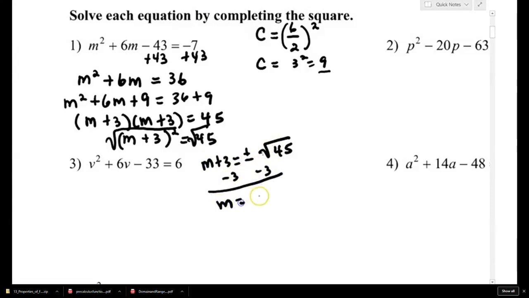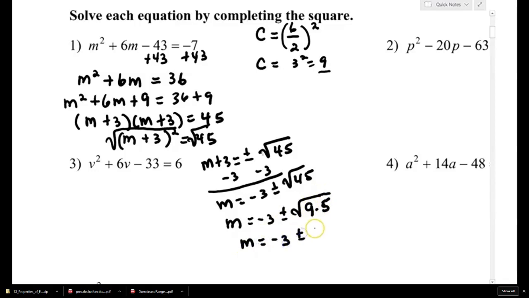So m is equal to negative 3 plus or minus square root of 45. Square root of 45 can be simplified. So you have m is equal to negative 3 plus or minus the square root of 9 times 5. And we know the square root of 9 is 3. So the two values are negative 3 plus or minus 3 square root of 5.